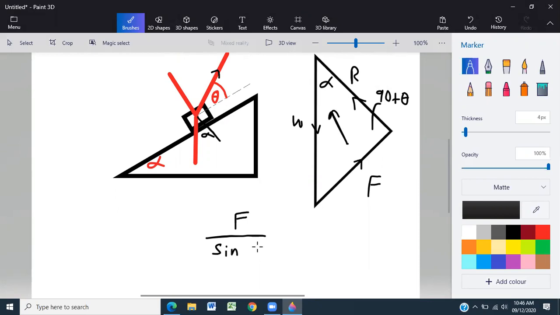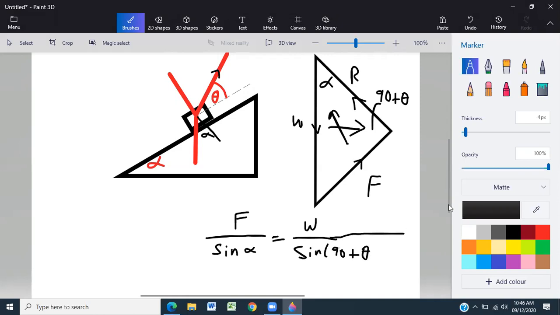Alpha is equal to W over sine of 90 plus theta.